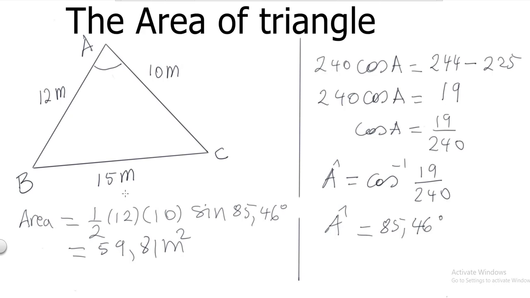Remember, we have 12 meters multiplied by 10 meters, so meter times meter will be meter squared. So this is the area. In the second example, we found the area without knowing the angle. So as we say, first find the angle, then use the area formula.